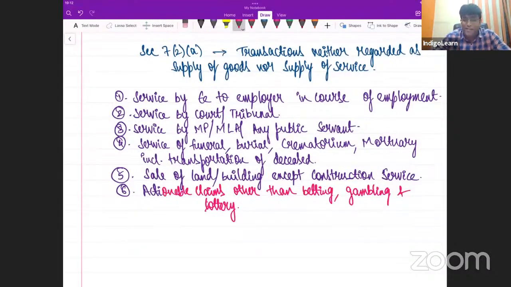Then services by MPs, MLAs, or any public servant. Then services of funeral, burial, crematorium, mortuary, including transportation of deceased. Then sale of land and building, except construction services. Finally, actionable claims other than betting, gambling, lottery.